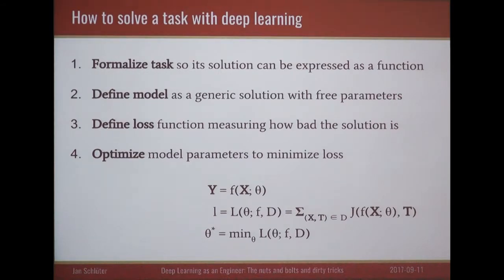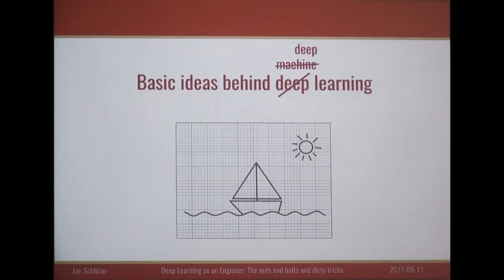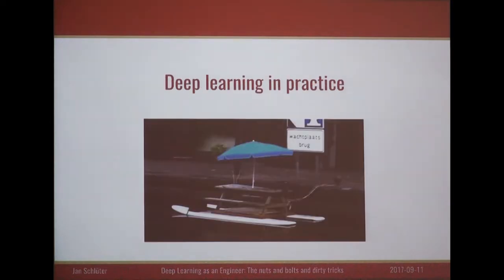And then we optimize the model parameters, so minimize the loss. So that's how deep learning works, at least in theory. In practice, we have to do a lot of things differently from this.